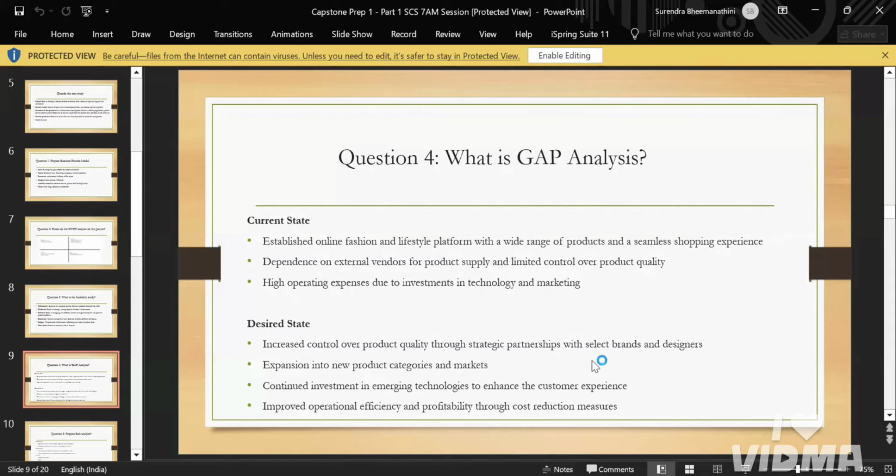This is the gap analysis. You need to write down the current state from the case study. We are going for a web application, right? What is the current state of the web application, and what is the desired state? So you need to write about the gap analysis in the fourth question.